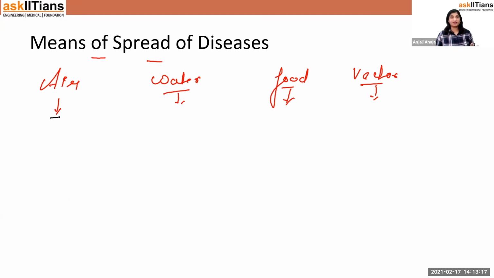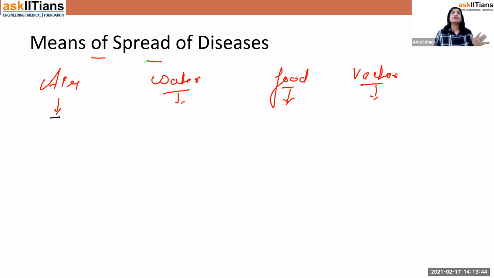Okay, so among the means of disease, air. You must have heard that these diseases are airborne diseases. Somebody is standing in front of you talking to you, and there are water droplets from coughing. That's why these days people are wearing masks, and it's been a long time that we are suffering from a pandemic, but still we are very cautious to wear the mask or wash up when we come home after going outside.